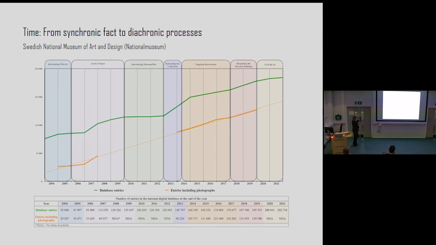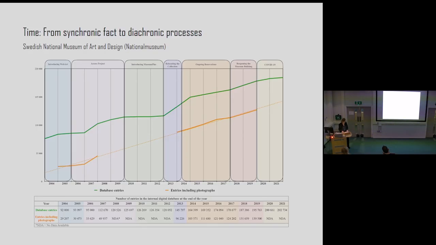And just to explain, there were only data of how many photographs they published for a few years. So the dotted lines are just our estimate. We don't know. Which is also interesting, that they don't have statistics on this yearly, but just irregularly.